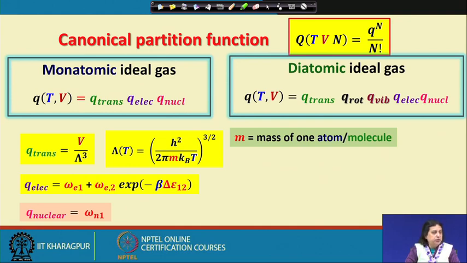But as I have already noted here, we need to worry about these two parts, Q rot and Q vibe, if you are talking about the diatomic ideal gas.